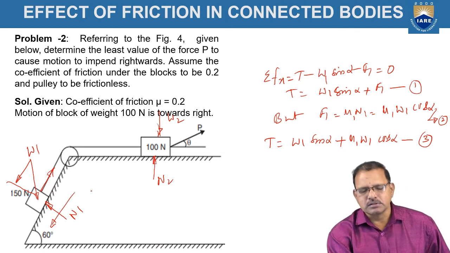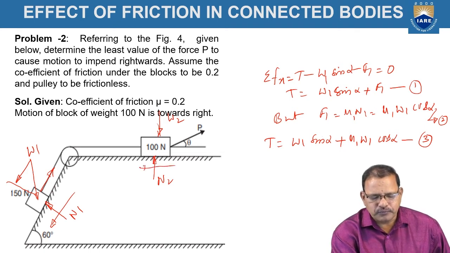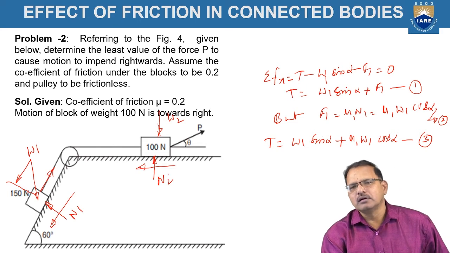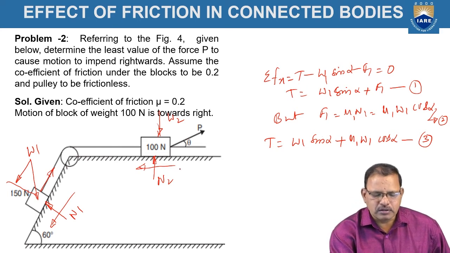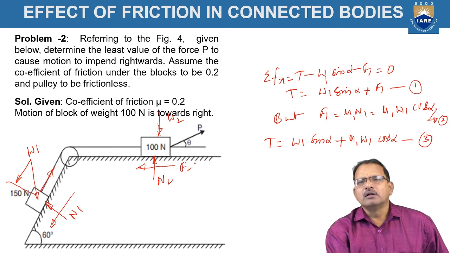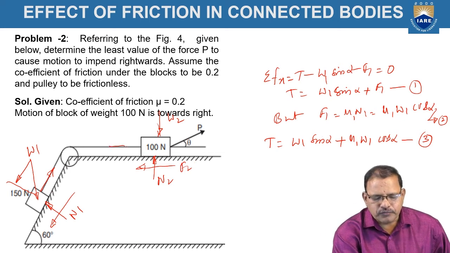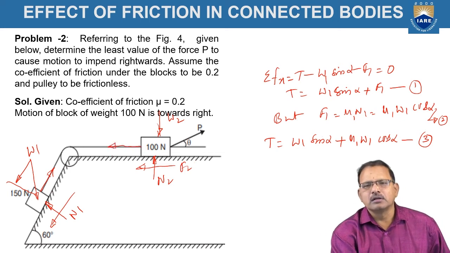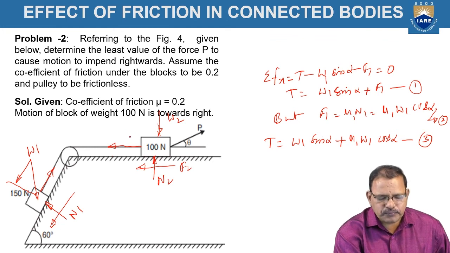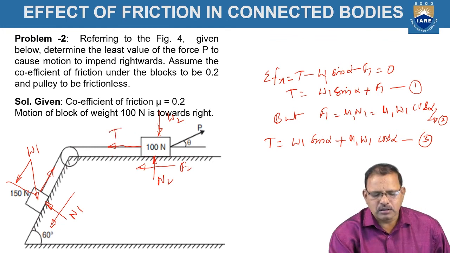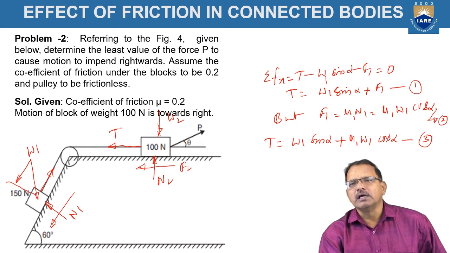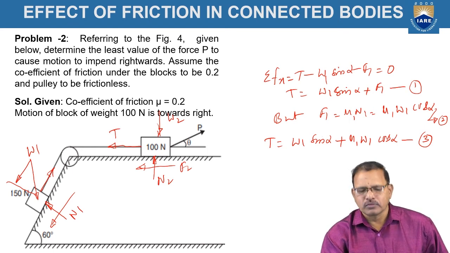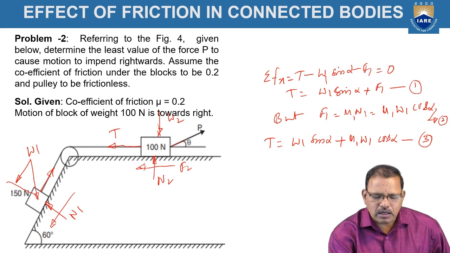The frictional force F2 is acting toward the left side. The tension is acting toward the left side, and the P force is there. Here it is making an inclination theta. This force can be resolved into two components, vertical and horizontal.